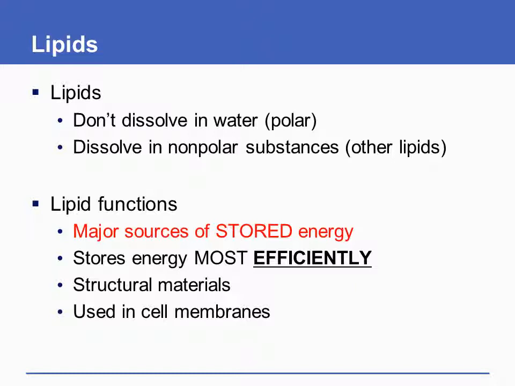Now, these lipids, or fat, are also used to build structures inside the body. Specifically, one key area is to make the cell membranes. There are other functions as well. We saw earlier testosterone and estrogen, which are basically lipids.